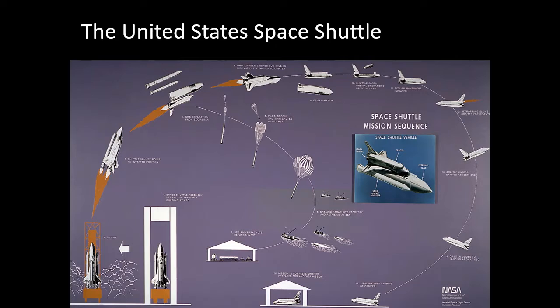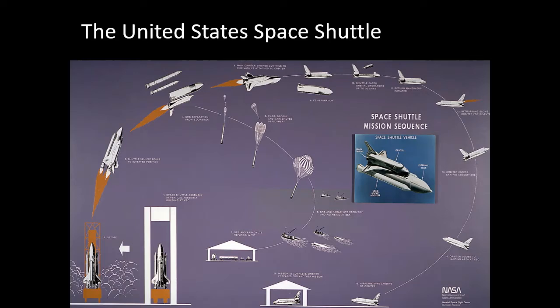The external fuel tank is still attached to the shuttle at that point, and it continues to fire, and the jets on the back of the shuttle are the only thing propelling it forward. But it's using the fuel in the external fuel tank, the big tank there. I believe it has liquid hydrogen in it. The solid rocket boosters is what we're going to concentrate on.